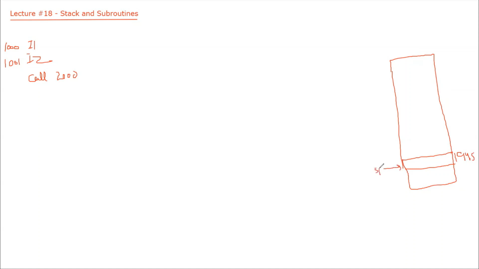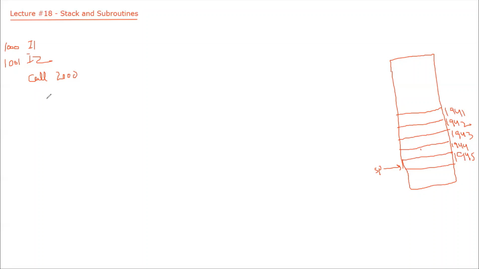Stack pointer. So this will be 1944. Then we have 1943. Then we have 1942. Likewise, the other address is 1941.